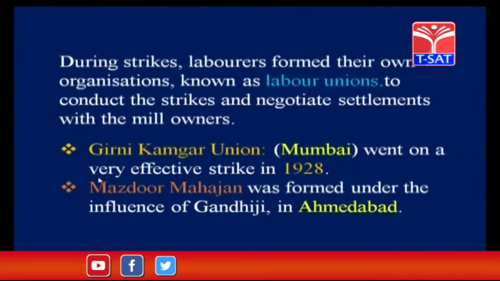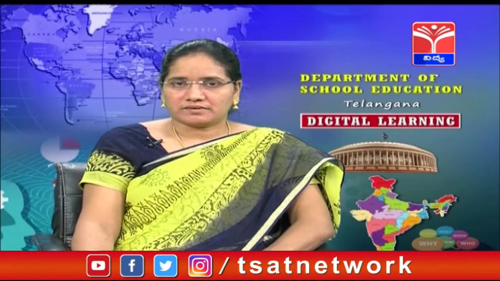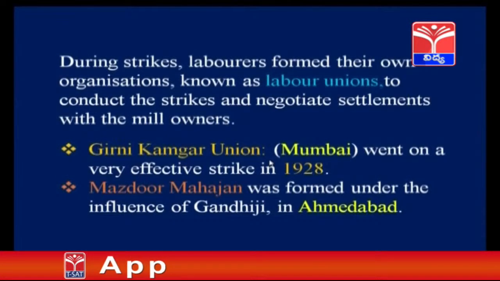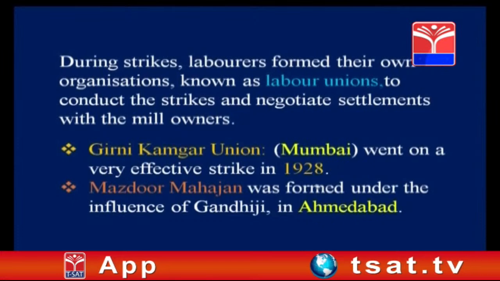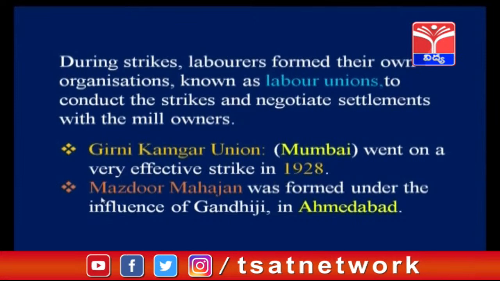During this time only, two main labor unions were formed, namely Girni Kamgar Union, which emerged in Mumbai in 1928. This is a very famous union which led an effective strike in this year. And secondly, Mazdoor Mahajan.